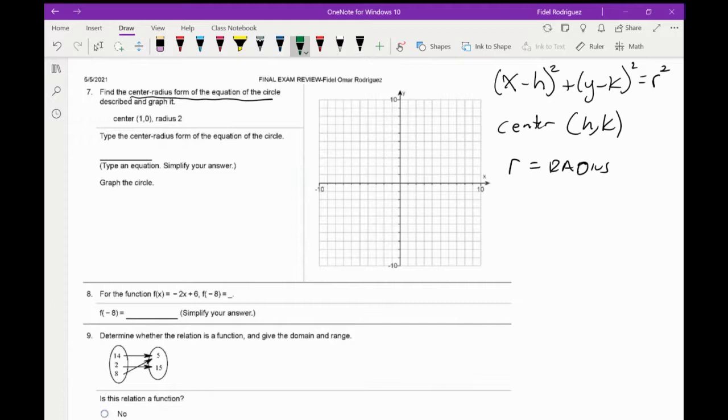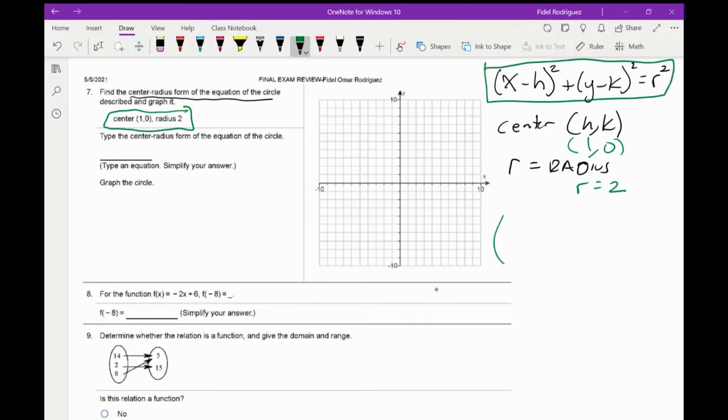In this case, they've already told us what the center is, and they've told us the radius. The center is (1, 0), and our radius is 2. I'm going to use this equation and fill in the blanks.